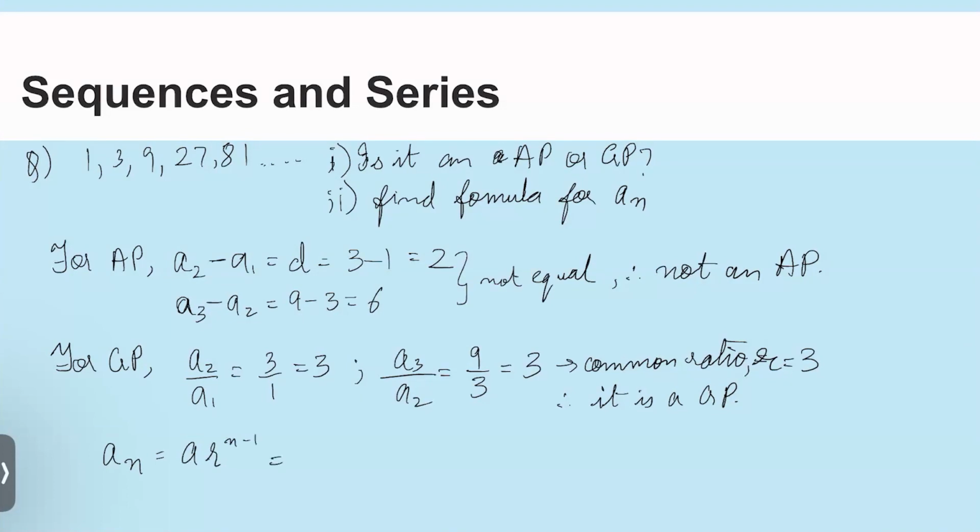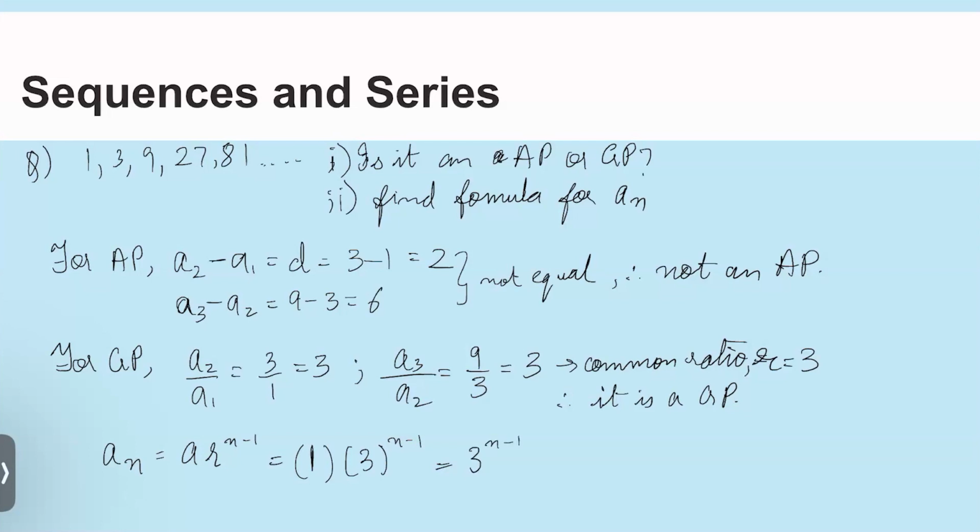So that would be your A is 1. And this is 3 raised to n minus 1. So now 1 will remain. So finally, what you can write is an as 3 raised to n minus 1.